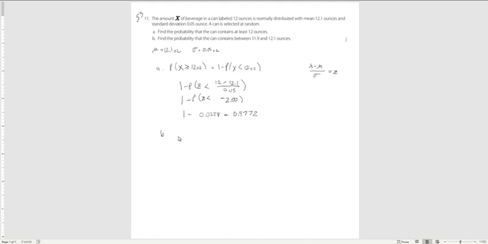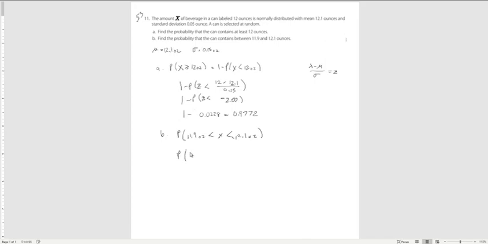Okay, B. Find the probability that it is between 11.9 ounces and 12.1 ounces. Okay, this is going to be the same as a transformed version of this, because I have to transform from the general distribution back to the standard normal distribution.